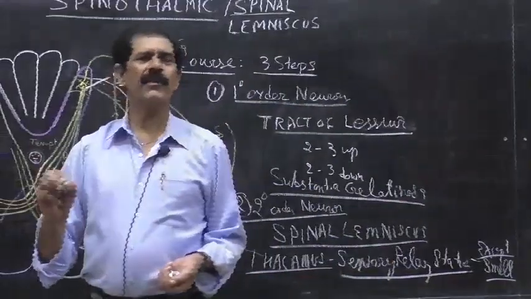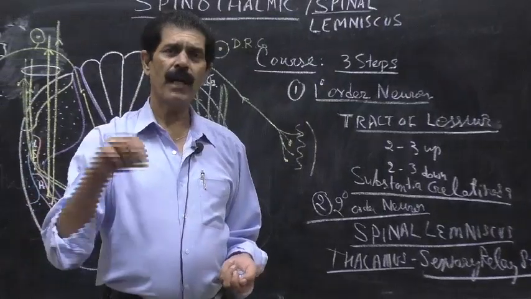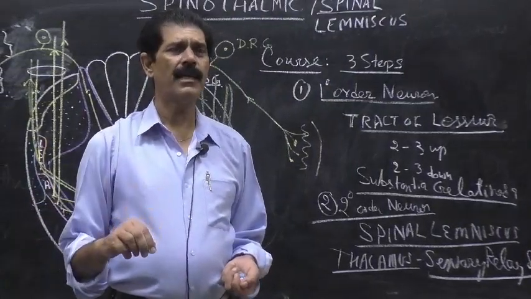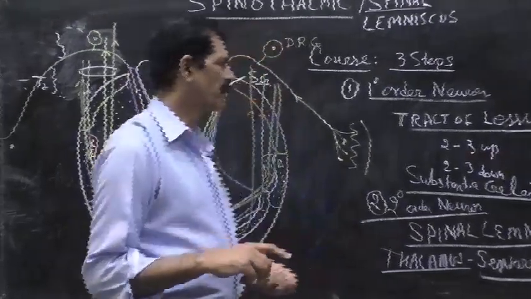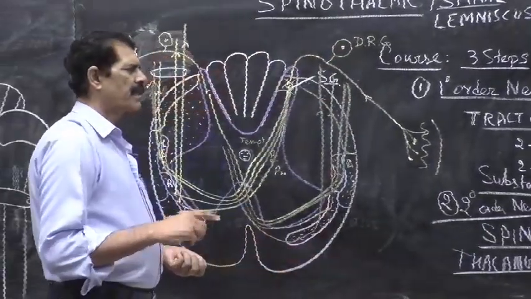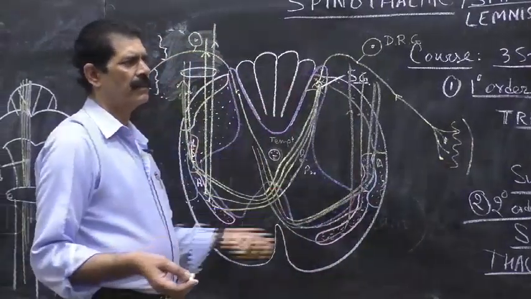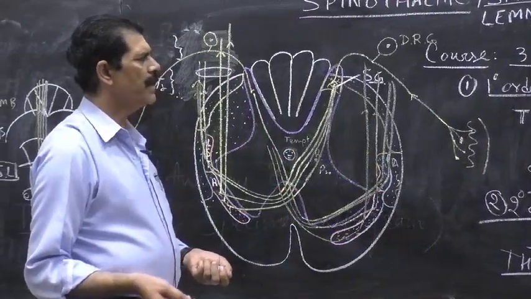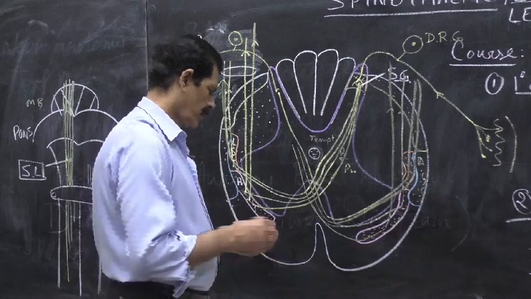They have to pass through the various nuclei of the thalamus, then they will reach the cerebrum, the conscious level. So that's why it's called the sensory relay station. It receives and then throws it on by the third order neurons.